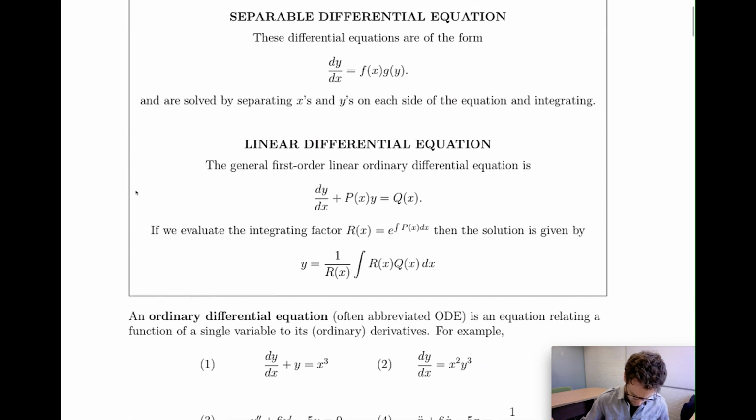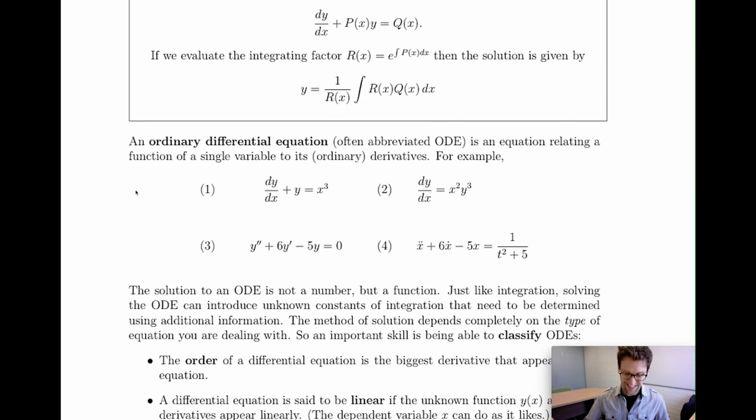So the order of a differential equation is given by the highest derivative. If I have a first derivative, as in example 1 here, then the highest derivative is first order, and this is a first order equation. Likewise, I've got a first order derivative here, dy dx, so this is a first order equation. But in example 3, y double prime plus 6y prime minus 5y, the highest derivative there is second order, and so this is a second order equation.